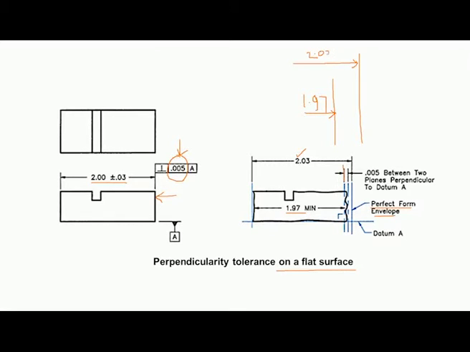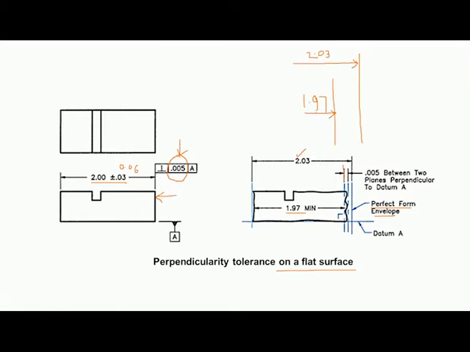That means for the size tolerance, the total zone is 0.06 millimeter, that means 60 micrometer is allowed. And now coming to the perpendicularity tolerance, it is only 5 microns.